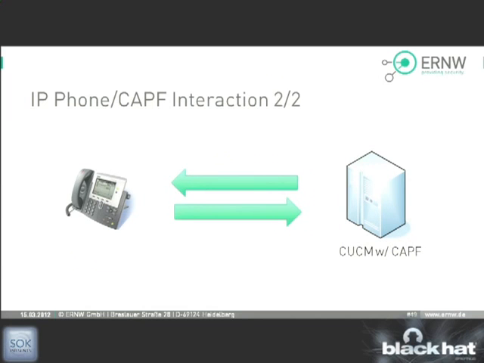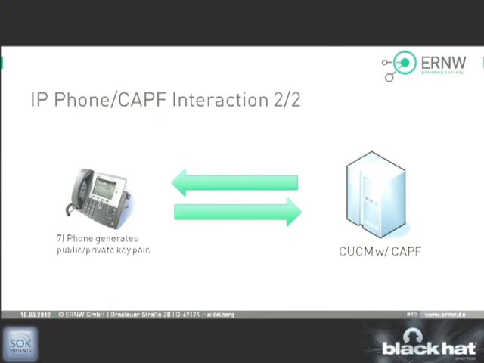If that's not the case, it again contacts the CUCM to get what we call, I mean, there is a better term for this, the partial config file, which has mainly the function to instruct the phone: okay, you don't have an LSC, please contact CAPF to get a certificate.